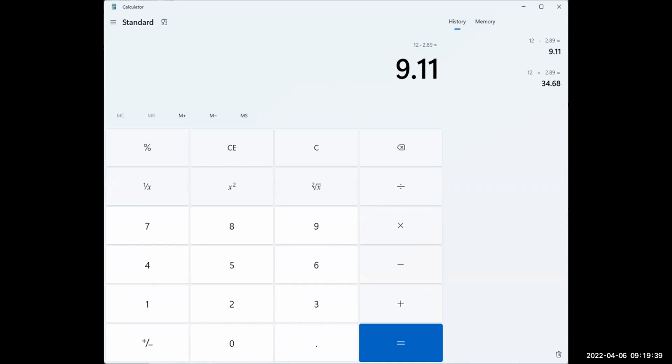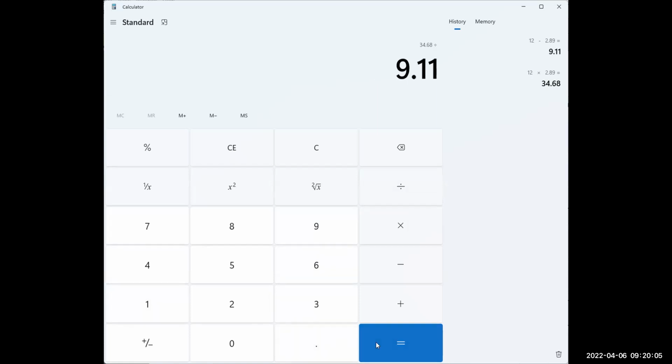So the next thing is to take 34.68 and divide it by 9.11. The nice thing about this calculator is I can see the numbers in here. So I really don't need to write them, but you may not have this calculator, so you probably should write them anyway, okay? So divided by 9.11.